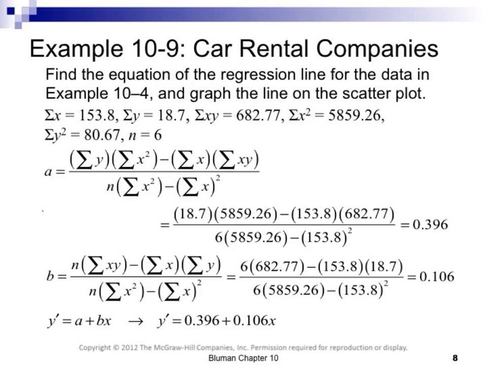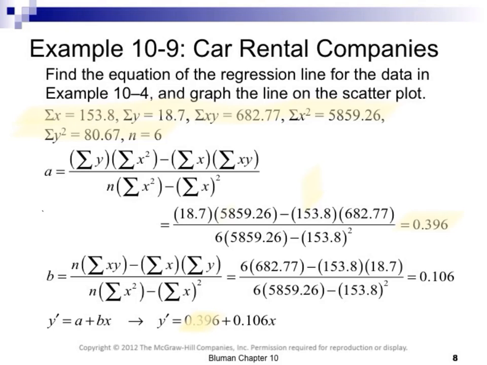This is our data from those tables, which we summed along the bottom. Then we plug in the sum of the y's, the sum of the x squareds, minus the sum of the x and the sum of the x times y. And you get 0.396, which is your A, so that goes right here.